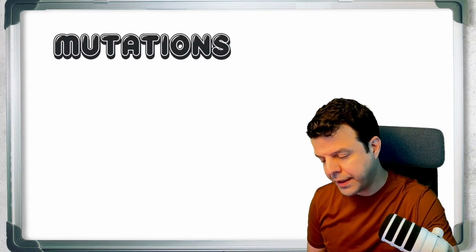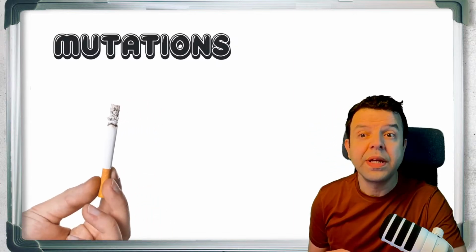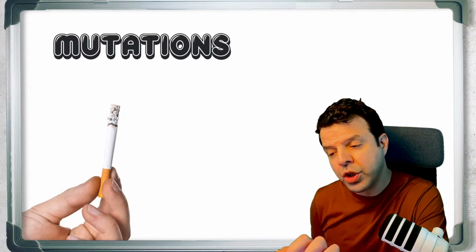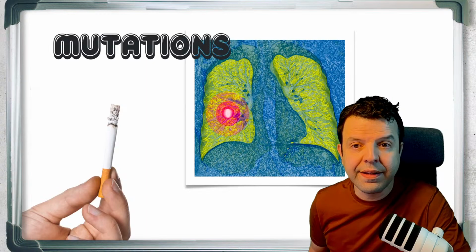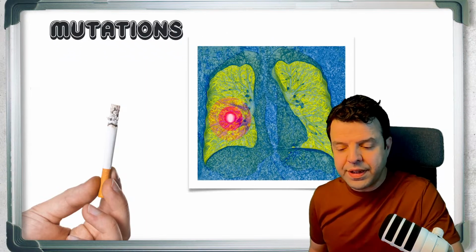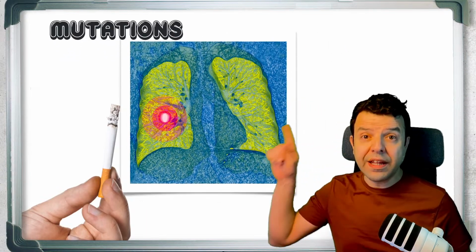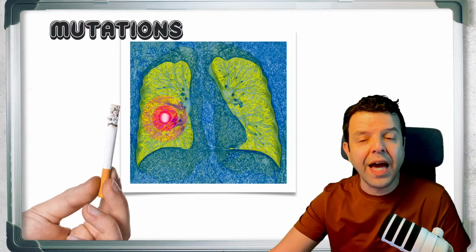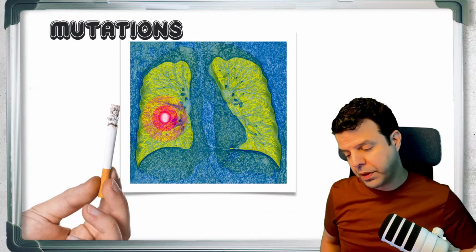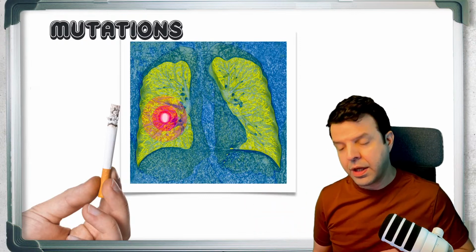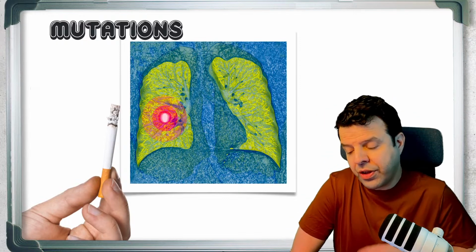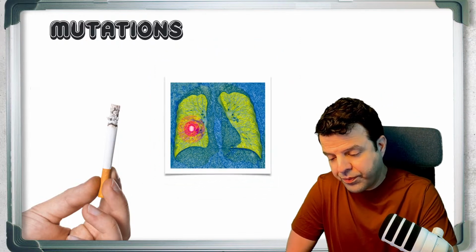Think, for instance, of factors like cigarette smoke. Tar of cigarettes is very well known to cause lung cancer. The reason is that tar causes damage to our DNA, and that damage results in tumors like cancer. Another factor that is known to cause mutations is radiation.